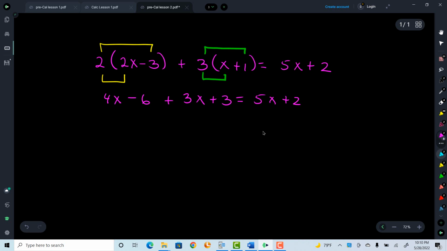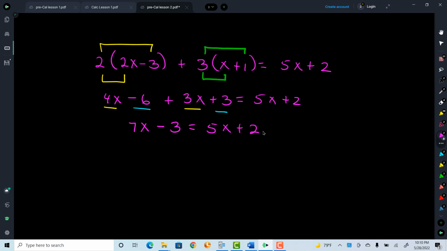Okay, we're going to combine our like terms. So I've got 4x and 3x on the left side here, so we've got 7x, and then we have negative 6 and positive 3. Negative 6 plus 3 gives me negative 3. So we combine like terms on each side. Now we're going to move all the x's to one side and all the numbers to the other side.